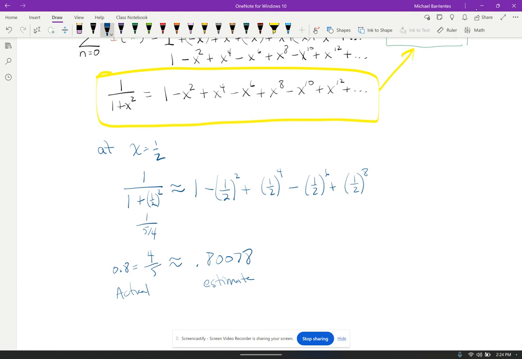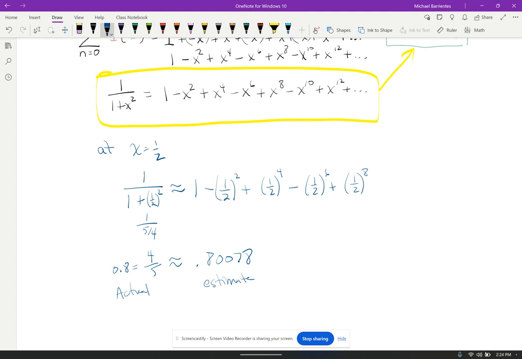And so if I can create a never-ending sum of terms that is a never-ending polynomial to equal a function that causes problems, I'd rather use a nice polynomial than that. Not only that, but as you saw, just by using the first 5 terms, we got a pretty good estimate to the actual value of the function.